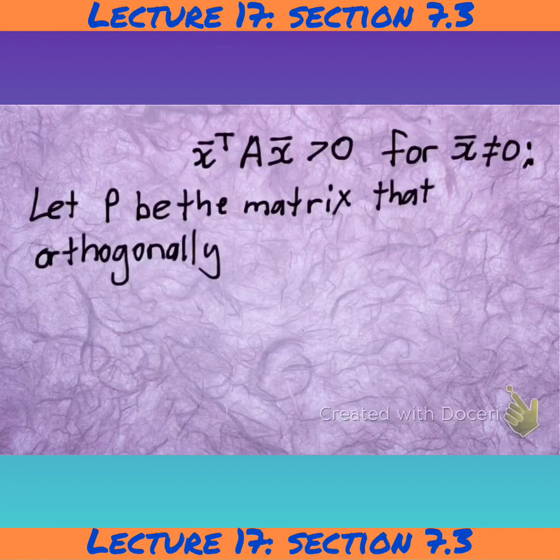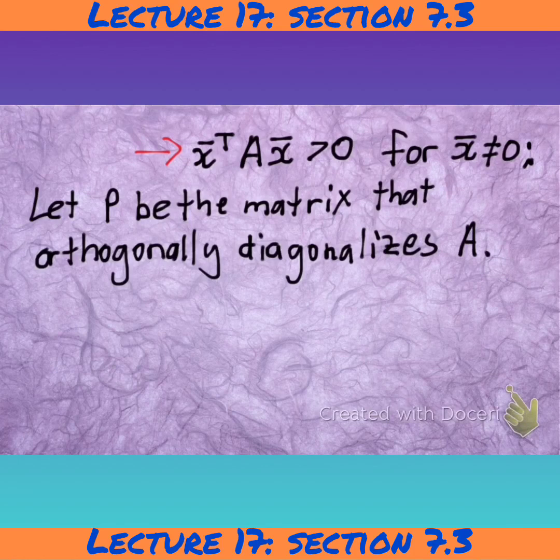So what we do is we assume that it is positive for all non-zero vectors x, and let P again be the matrix that orthogonally diagonalizes A. So we can do a change of variables.